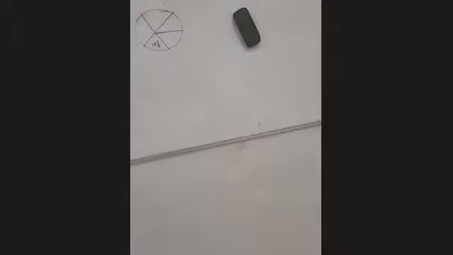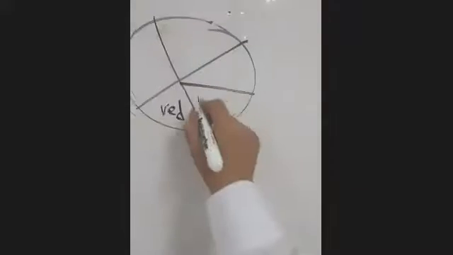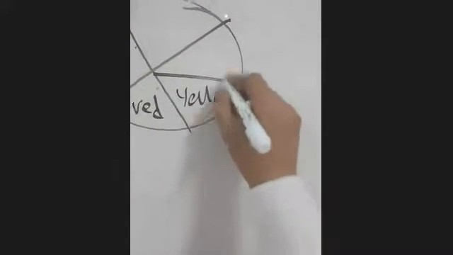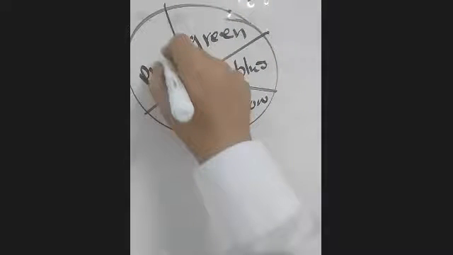Let's read the question. A spinner with 5 equal-size sections: red, yellow, blue. What is the probability of the complement of the event?